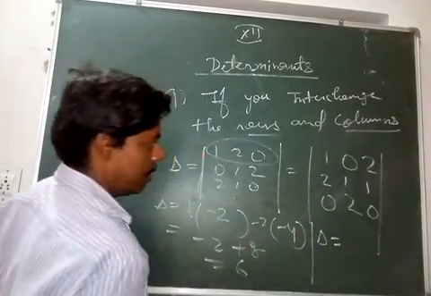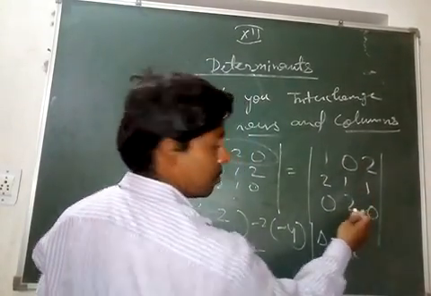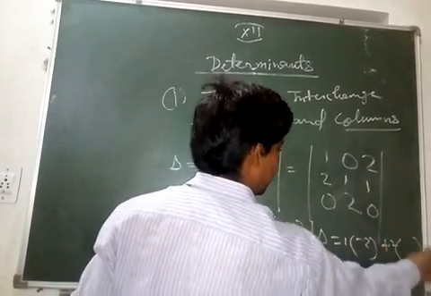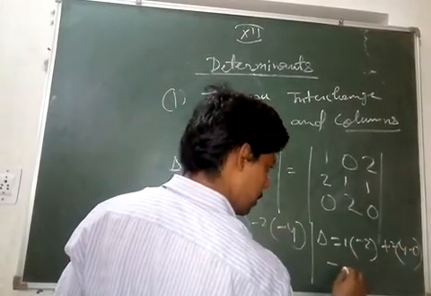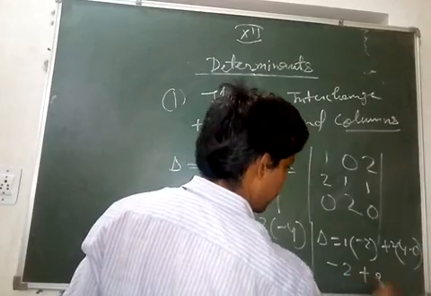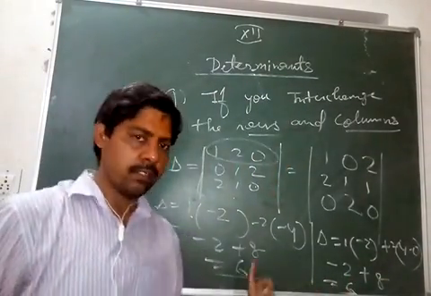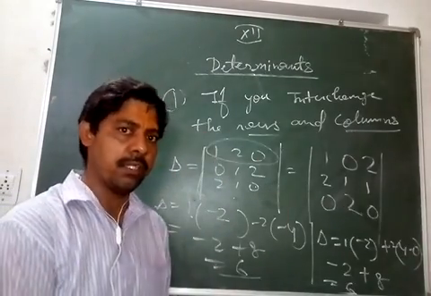Delta is equal to 1 times (0 minus 2), which is minus 2, 0 no need to expand, plus 2 times (4 minus 0). Minus 2 plus 8, that is 6. As you can see, the value of the determinant is the same. So that means if you interchange the rows and columns, the determinant does not change its value.